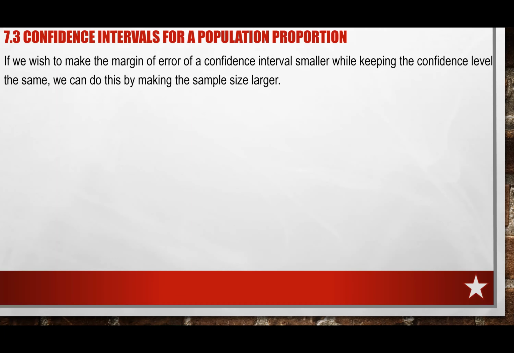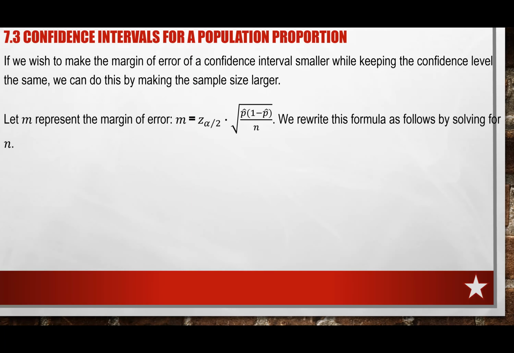That's in 7.1. In 7.3, this is our margin of error formula, which is the z critical value times the square root, which is the standard error. Now we do the algebra, using the opposite operations to get n by itself. After you do your algebra, this turns out to be the formula for n.